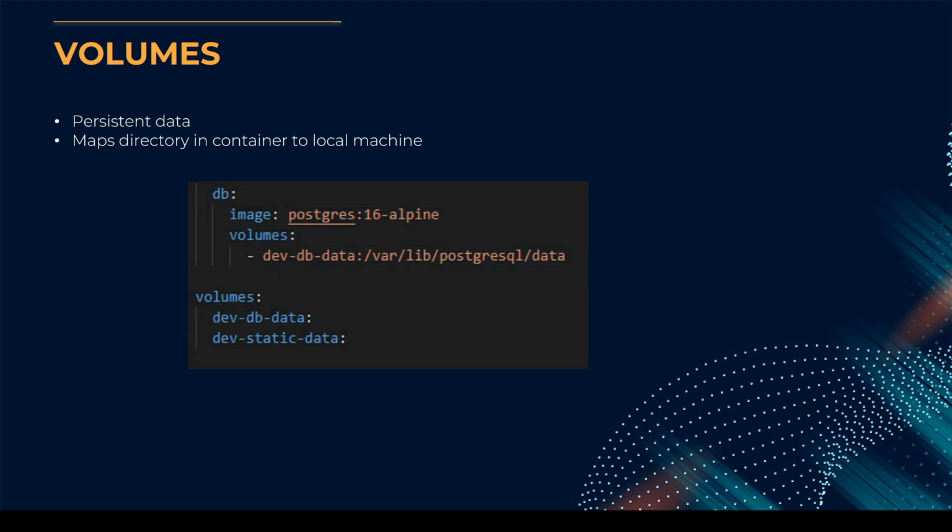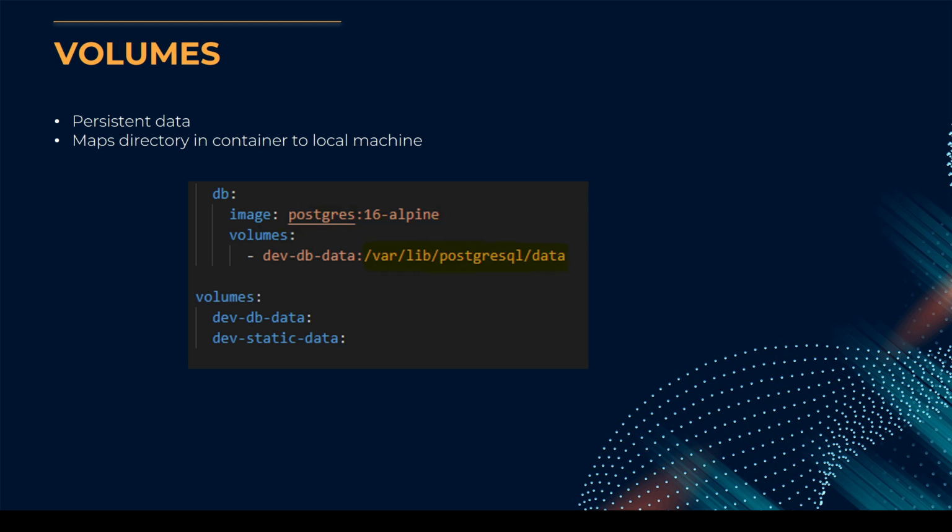The way we use volume is by setting up what's called a named volume. And that means we are going to define a volume in the volumes block at the bottom of the Docker Compose configuration file. Then we'll use that name to map a directory inside the running container to the named volume on our local machine.